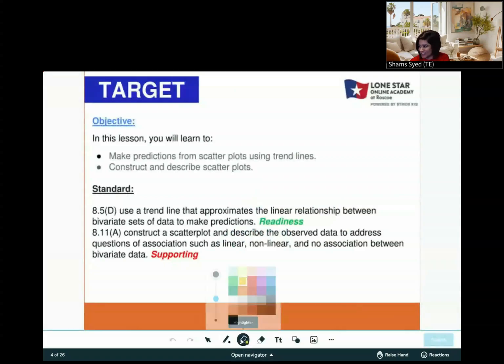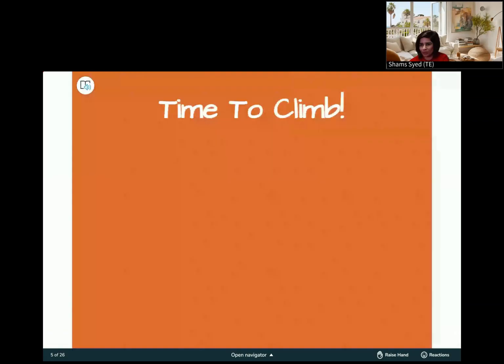Lesson targets. In this lesson, you will learn to make predictions from scatter plots using trend lines, and we will also see if we can construct and describe scatter plots. Let's get started. Want to see how much you know about scatter plots before we learn about it?